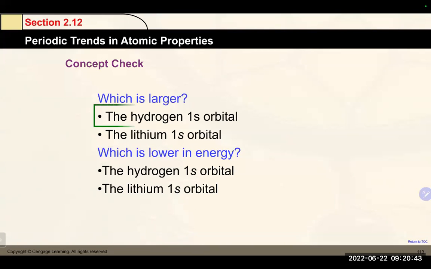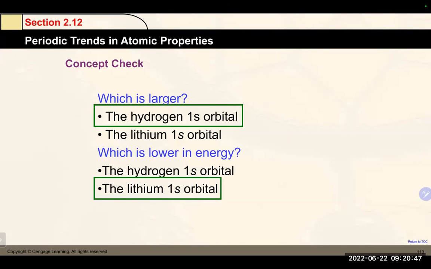Okay, so let's take a look here and see. We have the hydrogen 1s orbital is larger, again, is further up on the periodic table. We're comparing a 1s orbital to a 1s orbital in this case. Also, hydrogen only has one proton, right? So it's not going to pull it in as much as our lithium there that actually has 3 protons.